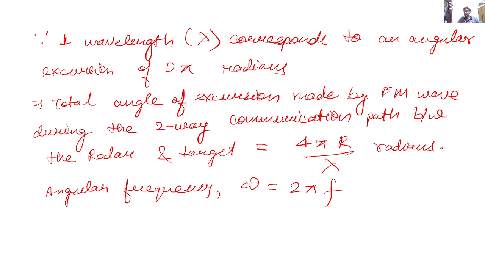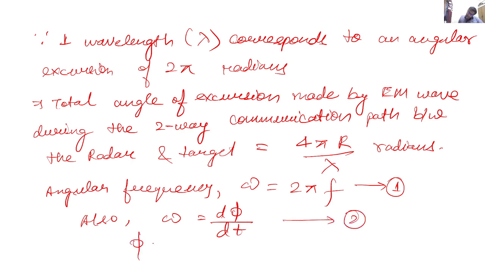F is the linear frequency and omega is the angular frequency. That is how they are related. Also we know that the angular frequency is related to the phase angle phi by d phi by dt, where phi is the phase angle. We know that from our concepts of cyclic frequency.